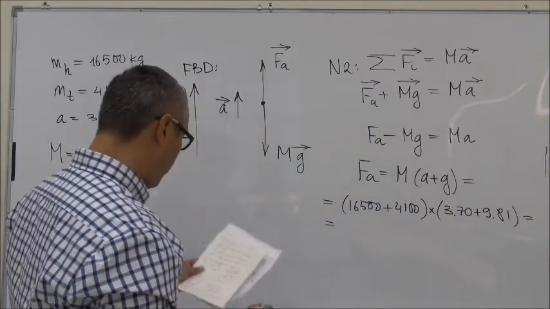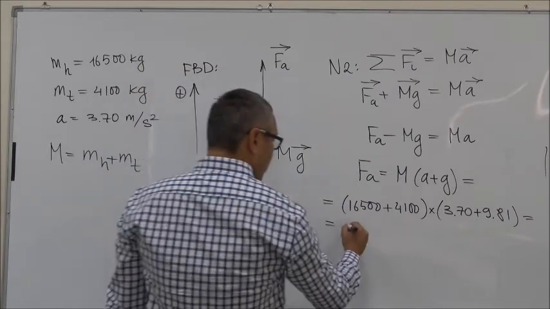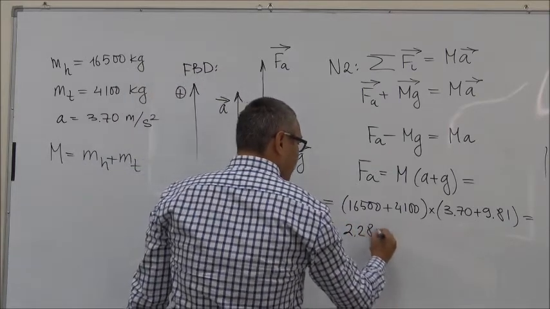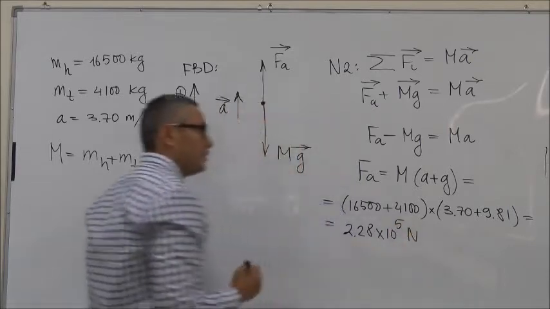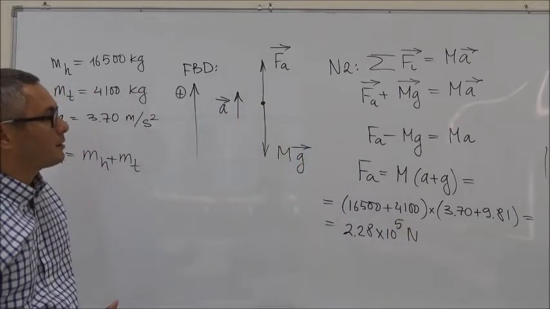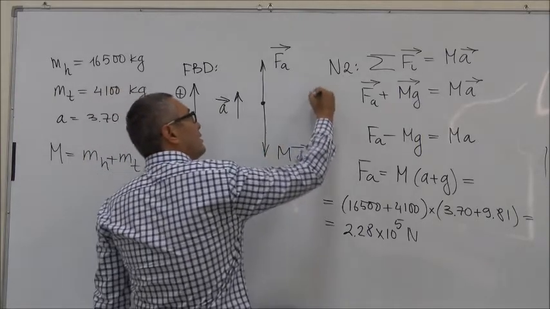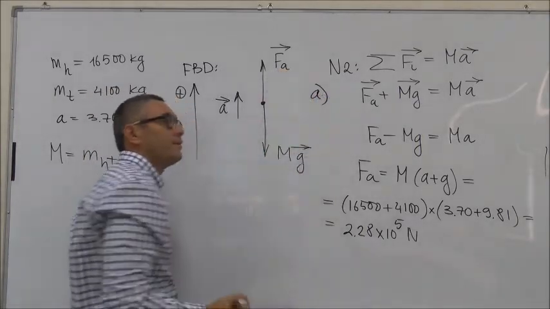So if you do the math, you should get 2.28 times 10 to the power 5 newtons when written to three significant figures. So this is part A of the problem.